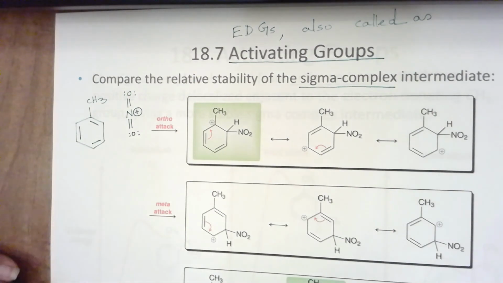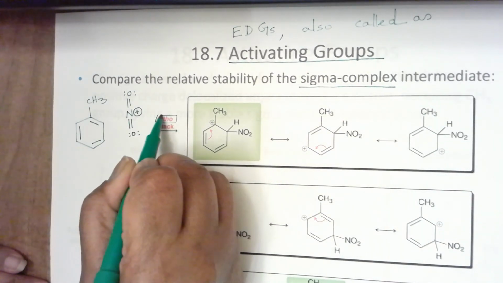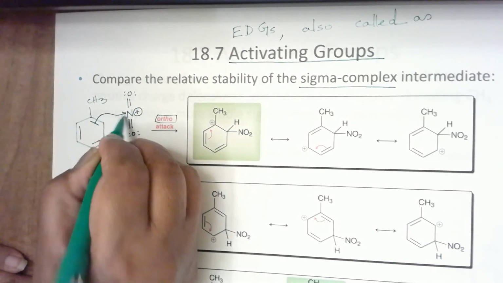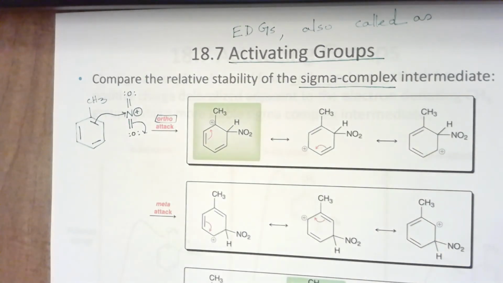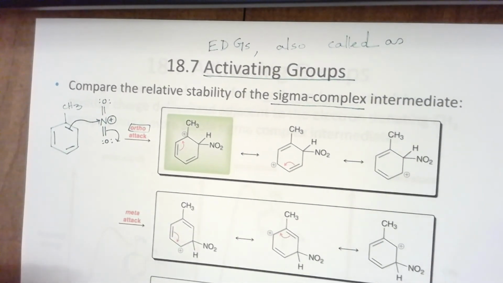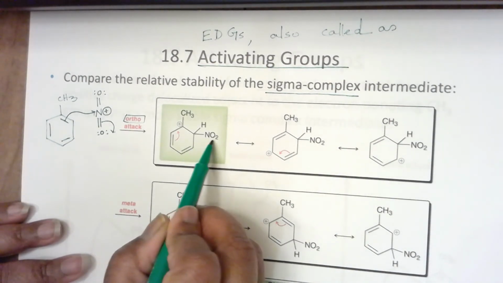Now we are going to send the electrophile to the ortho position. All right, so I'm going to take this, and then I have to move one of these around. Now to give an explanation for why this activating group gives more of the ortho and the para product and not so much the meta, you don't have to really keep this opened up.